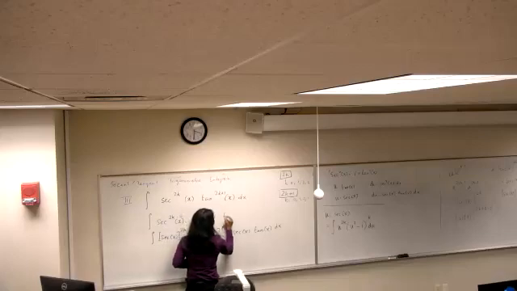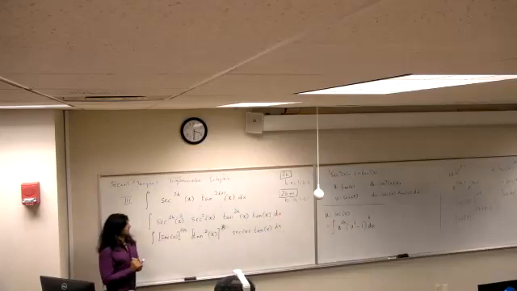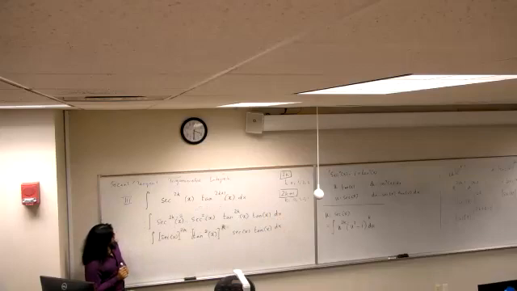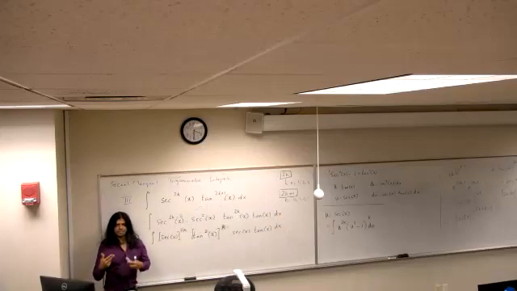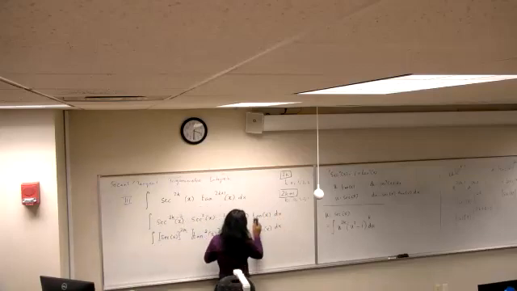Split that, tangent raised to k x, tangent x dx. Why do you split the secant like that? Because I'm going to use a substitution. U equals tangent x. We don't have to split this one.